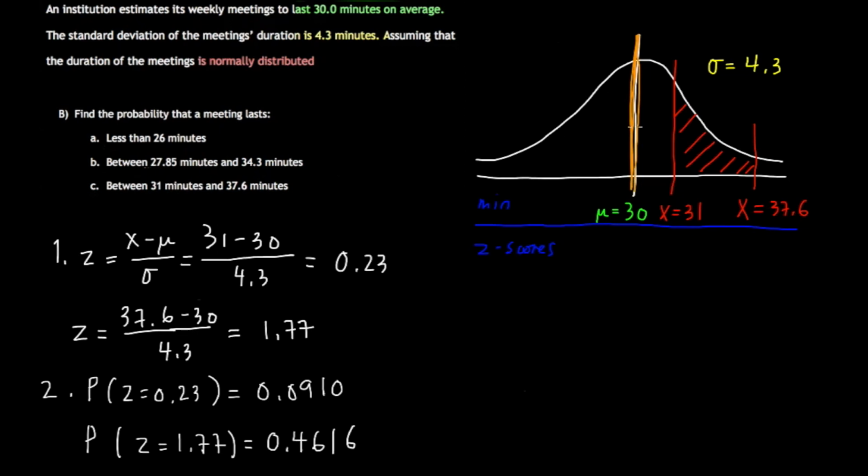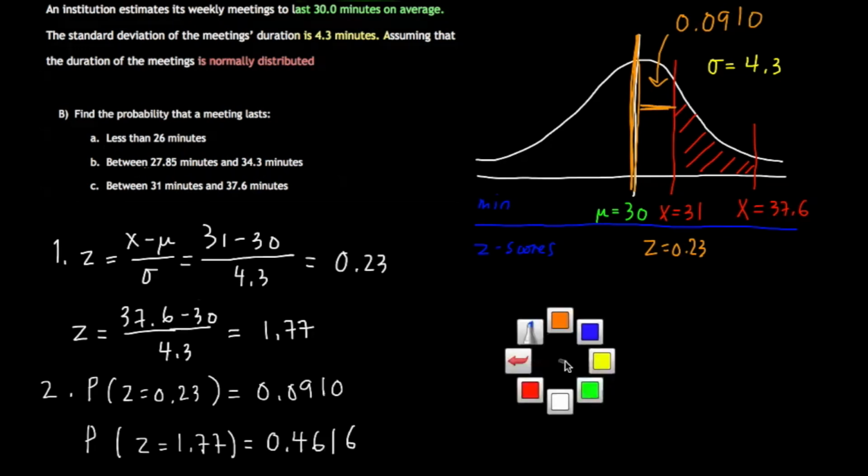The first one, for x equals 31, is at a z-score of 0.23, and that is 0.0910, the probability. So that's going to go right here, and that's going to be 0.0910, and that represents this right here.